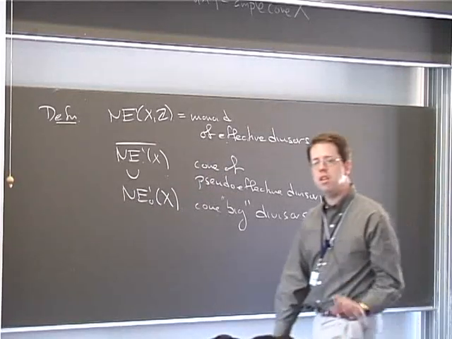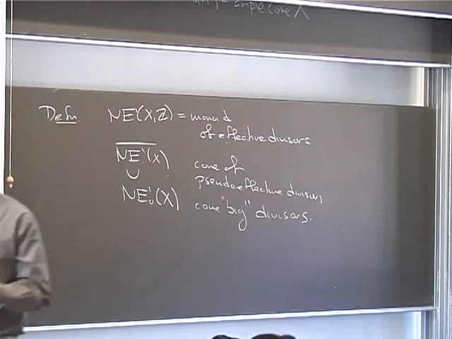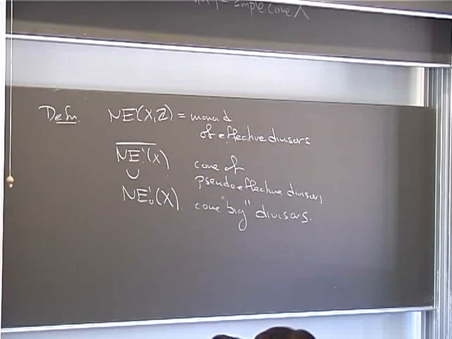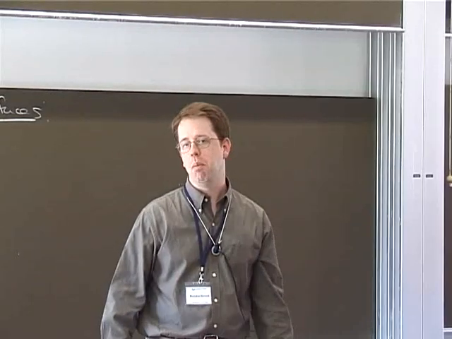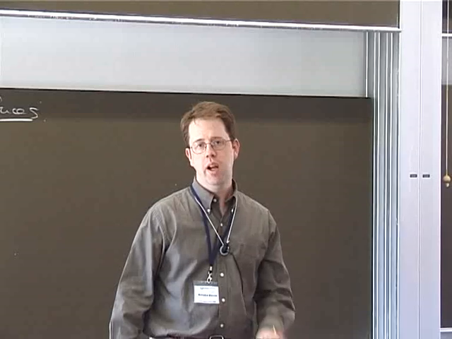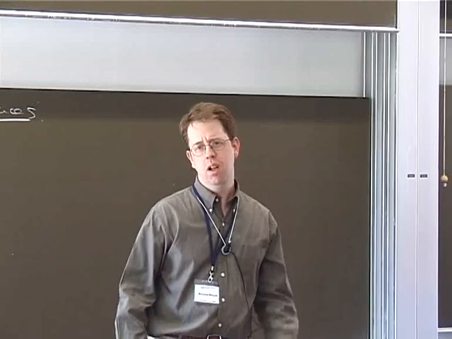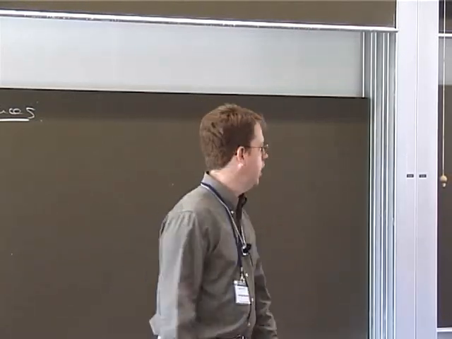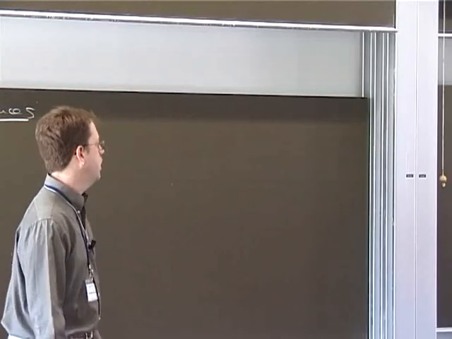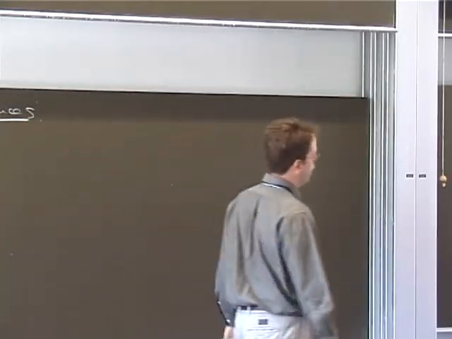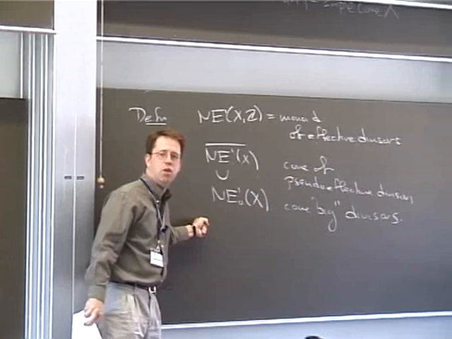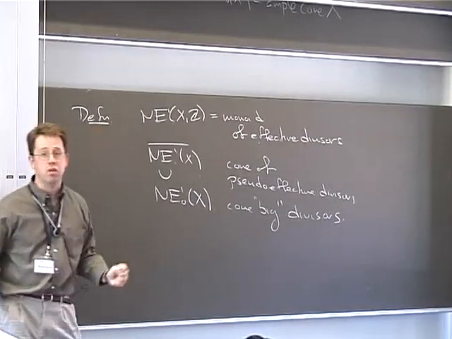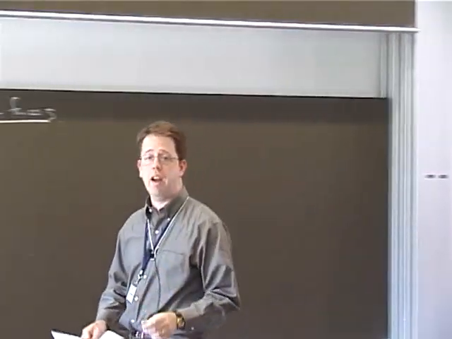So this is where things get a little pedantic. For surfaces, there's no difference. But sometimes it's important to think about them as divisors, and sometimes it's important to think about them as curves, because the way the techniques work, it depends. It's exactly the same for surfaces, but in higher dimensions, it's actually crucial that you keep track of which is which.